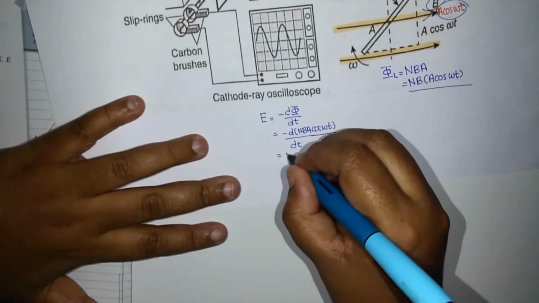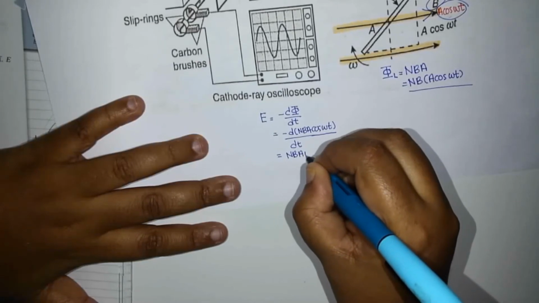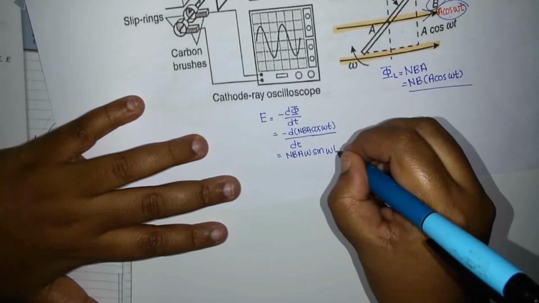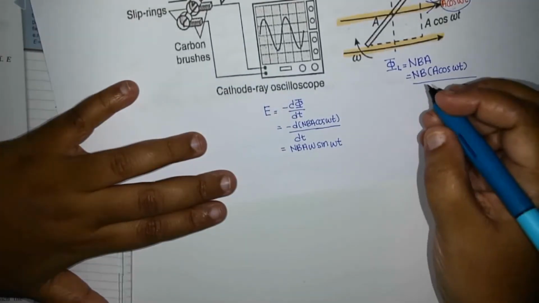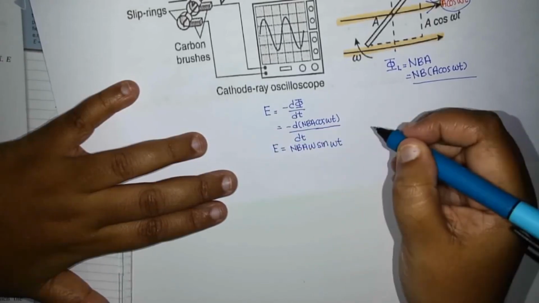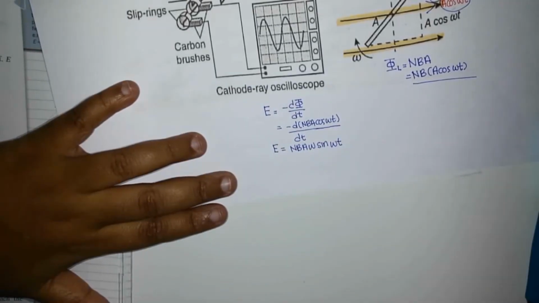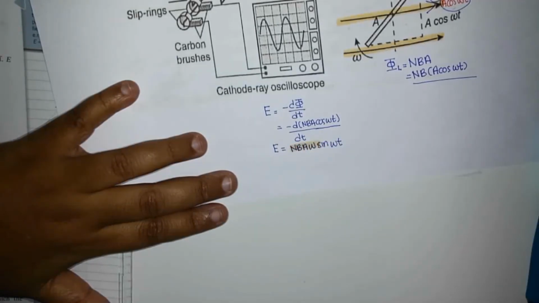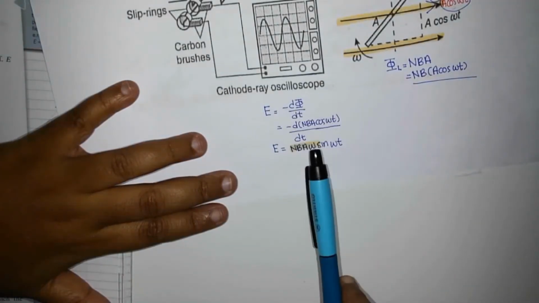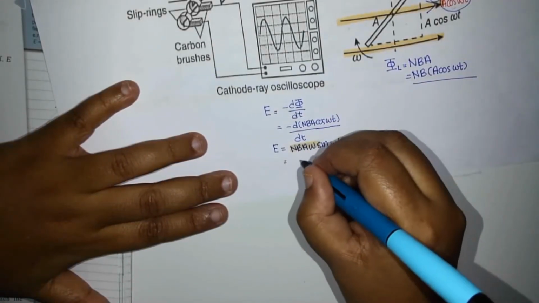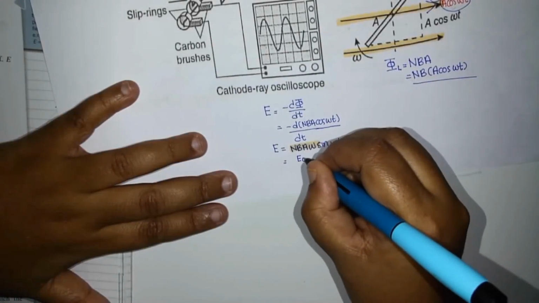Then we differentiate this. We get NBA omega sine omega t. If you compare, this is the induced EMF, and what is in front is actually the maximum value. Because it's a sine graph, what is in front is the amplitude, which is the maximum value, E naught, the maximum induced EMF.